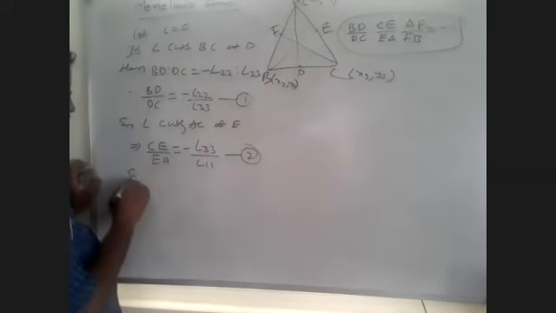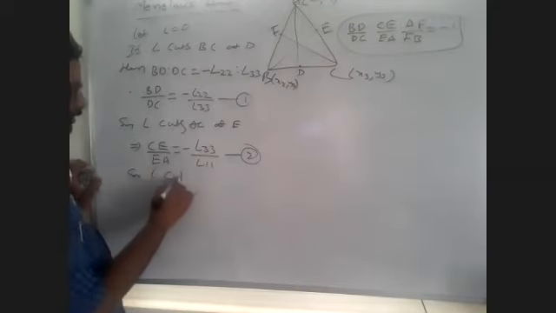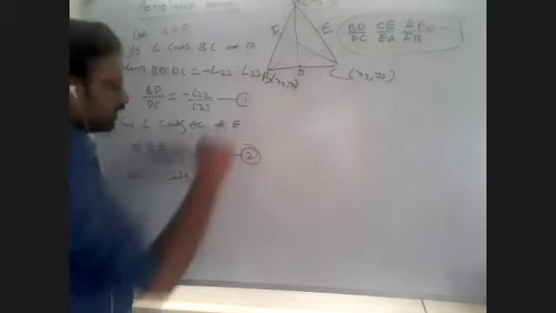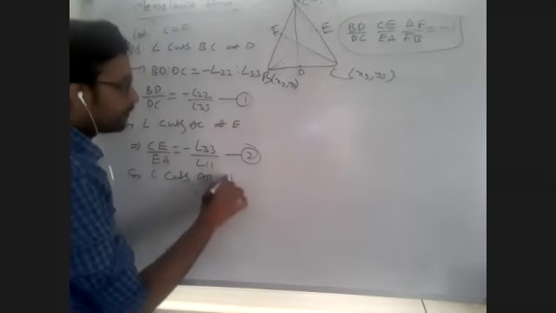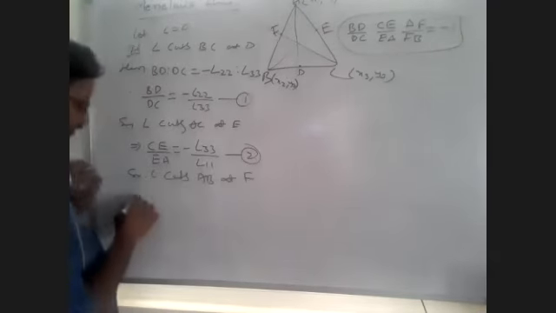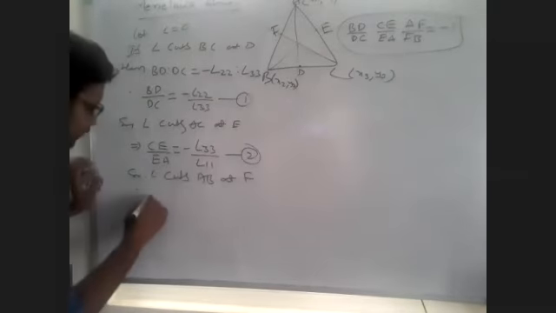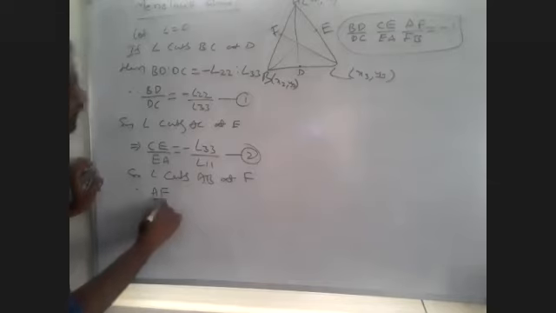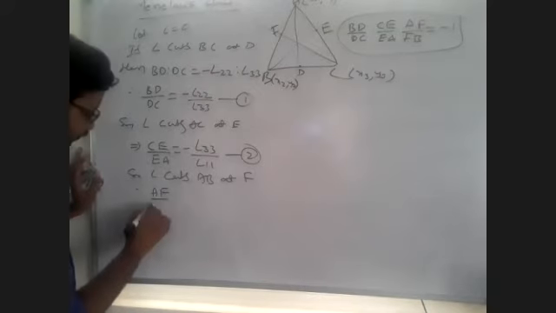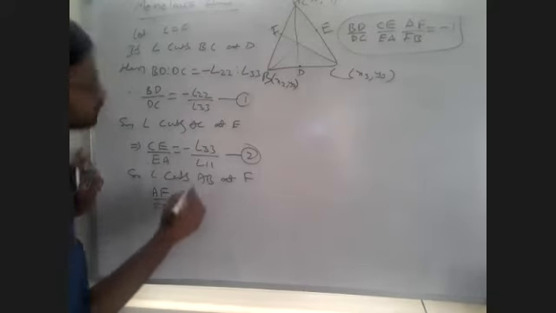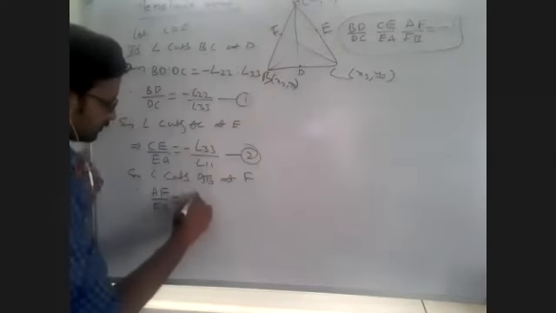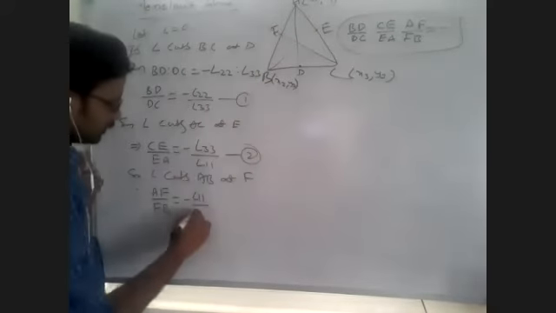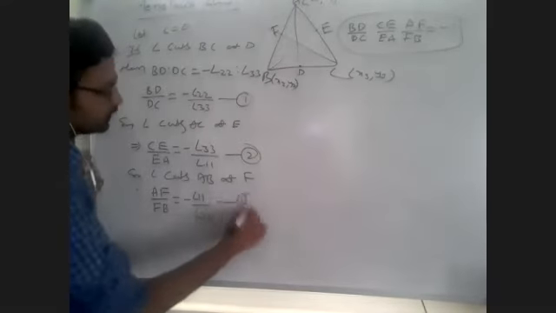Now, similarly, L cuts AB at F. Therefore, AF by FB is equal to minus L11 by L22, equation number 3.